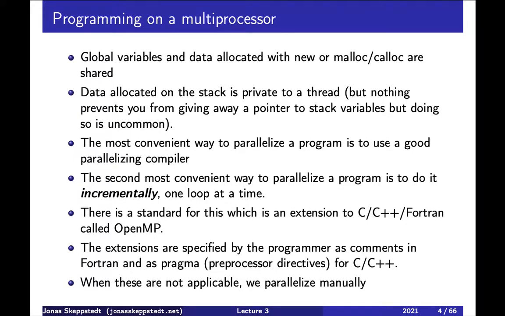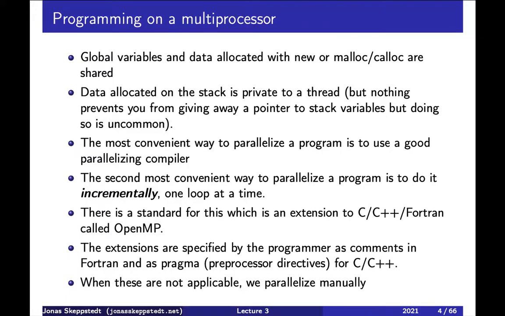Okay, so let's look at what is, I mean, this is for a conventional language such as Java or C or C++. What is actually shared between different threads? Global variables, that means in C and C++, variables that are declared outside any function or class.